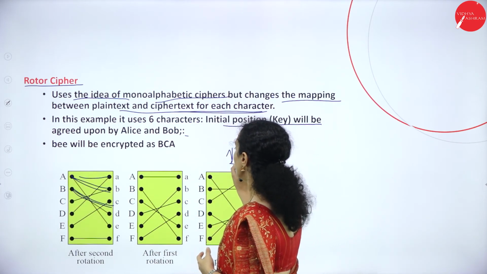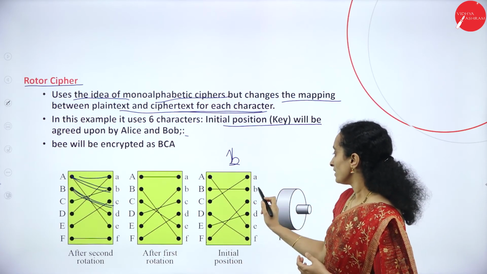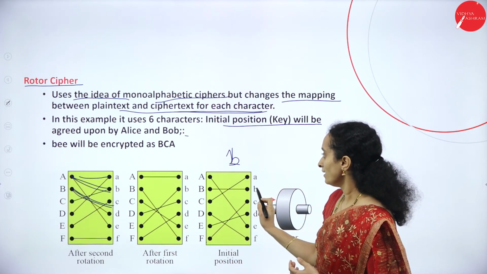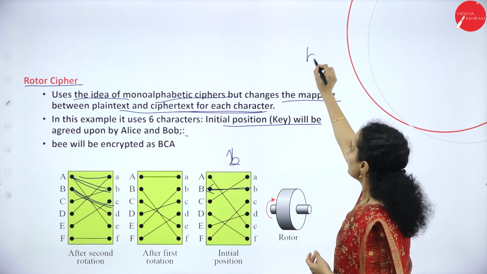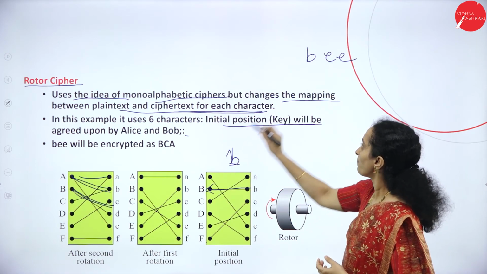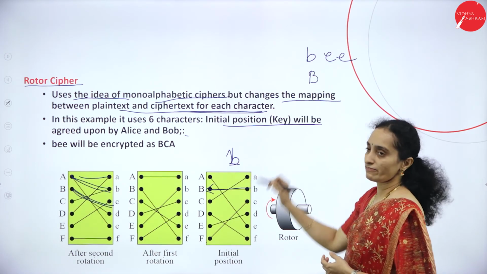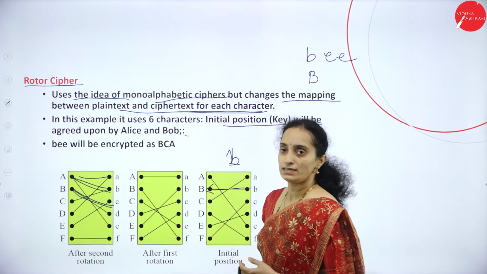The term BEE will be encrypted as BCA, because B in the first rotation is mapped to B, so the encryption will be B only. At the next rotation, the mapping will be different.